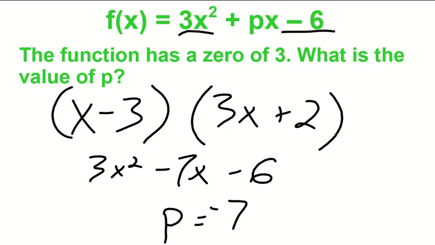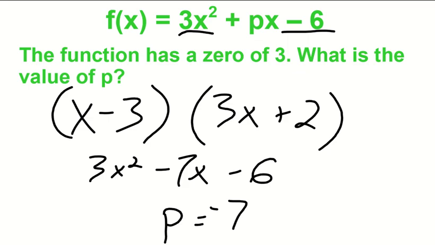Since my 0 was 3, in my one parentheses, all I did is make it a nice little easy expression, x minus 3. X was 3, we subtract 3 to make a 0. Then I just kind of filled in the blanks for the other parentheses with what I knew I had to have.